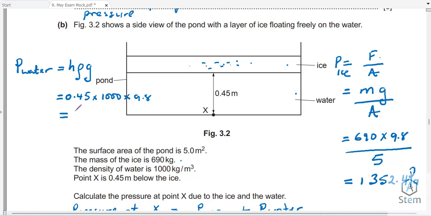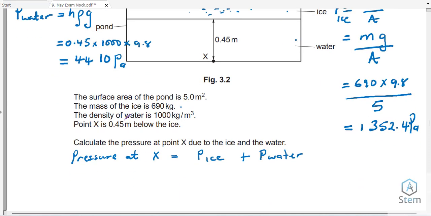Pressure due to water is 4410 pascals. All right, so our answer would be 1352.4 plus 4410.